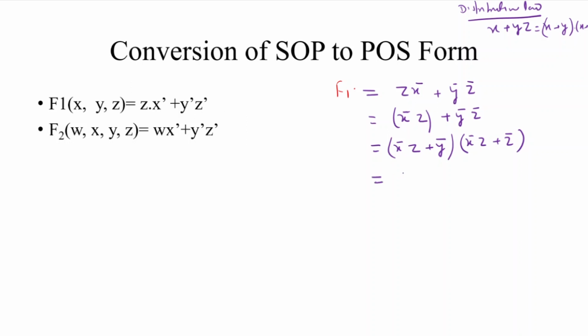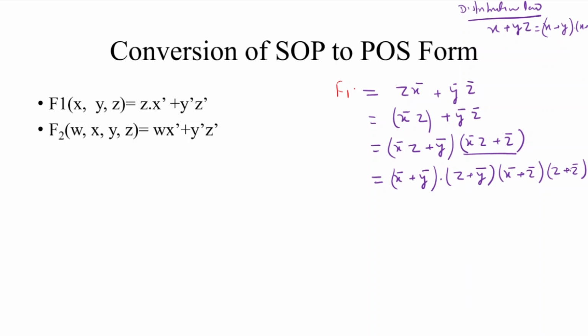This is written as what? x complement plus y complement, and this is dot z plus y complement. Similarly, we apply the distributive law in this term. This is written as x complement plus z complement and z plus z complement.